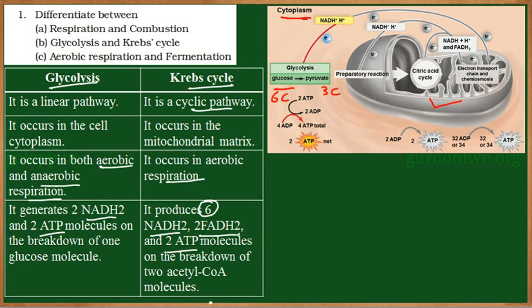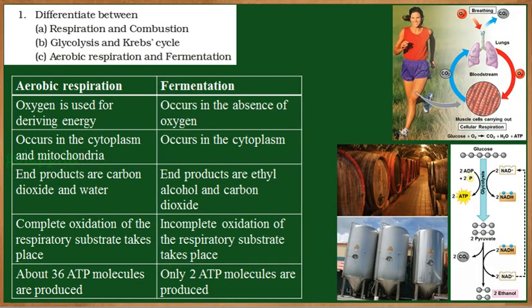Now the next one is aerobic respiration and fermentation. Aerobic respiration we can see in plant cells and animal cells, where oxygen is used for deriving energy. So here in this reaction the food is broken down in the presence of oxygen, and carbon dioxide and water are released as waste products, and a large amount of ATP is produced.